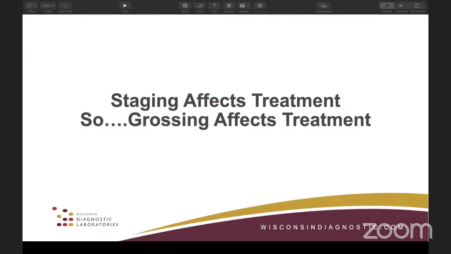One of his most interesting examples was a patient that had breast cancer, and they had multiple tumors in one breast, and when the PA was grossing the specimen, they found an additional tumor that didn't show up on radiology, and it happened to be larger than any of the other tumors, which means it upped the stage a little bit, which changed the treatment for the patient and probably saved her life.